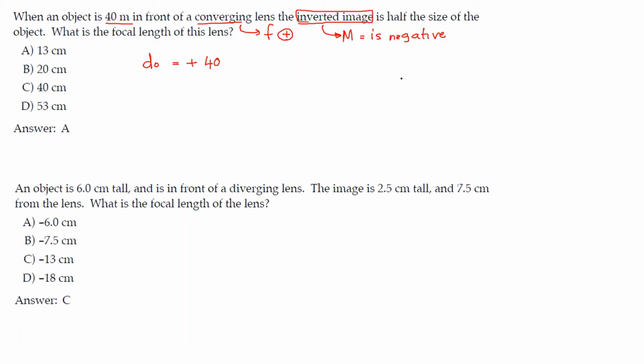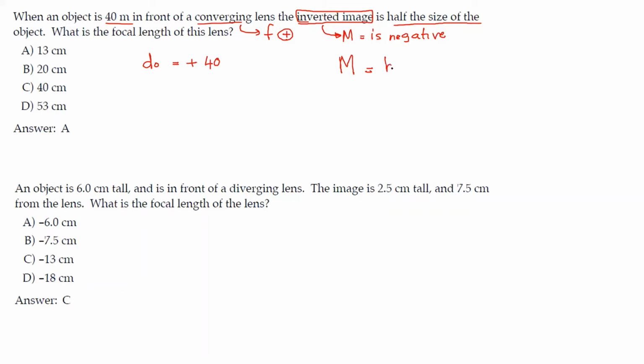Okay, so let's see what they are talking about. They're asking what is the focal length. So they have given us the value of M, right? Inverted image is half the size of the object. So what is the value of your M? Yes, it is 0.5, right? It is half the size of the object.